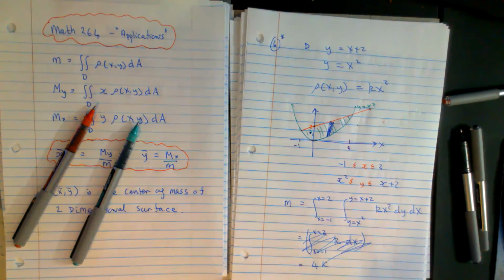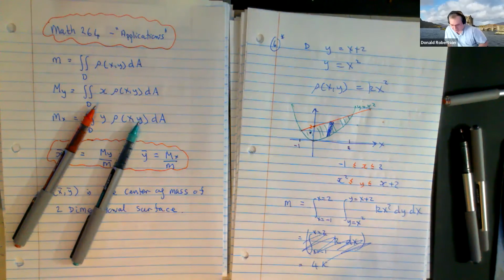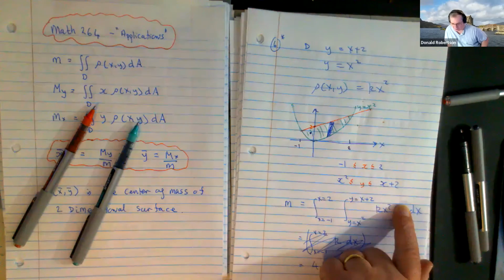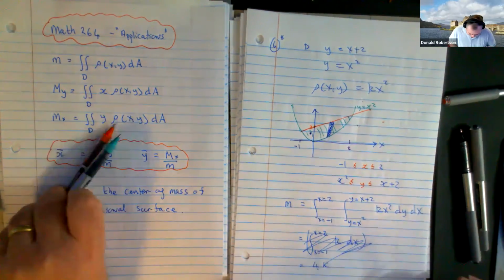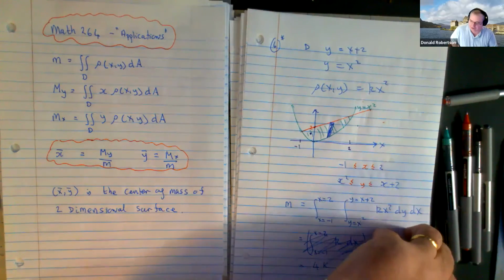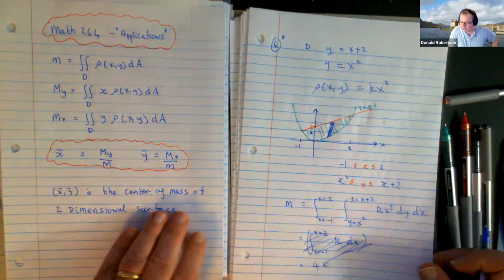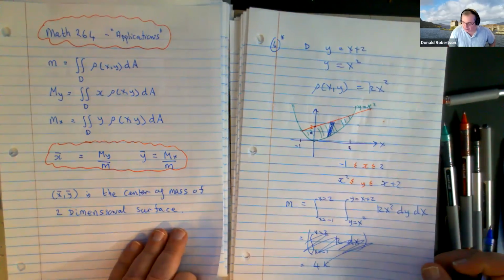No, you shouldn't have negative mass. So if you ever get -20 or -20k out of this, will you be really worried? Because that shouldn't happen. Now, x bar and y bar are totally okay. In fact, can't x bar and y bar be zero? That just means the x coordinate is 0 or the y coordinate is 0.